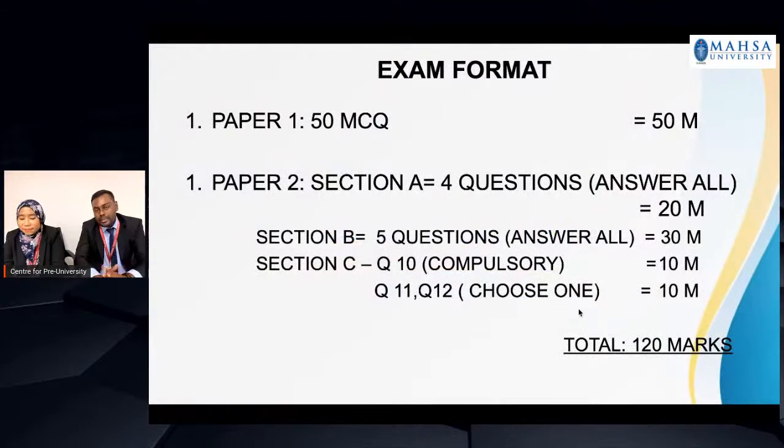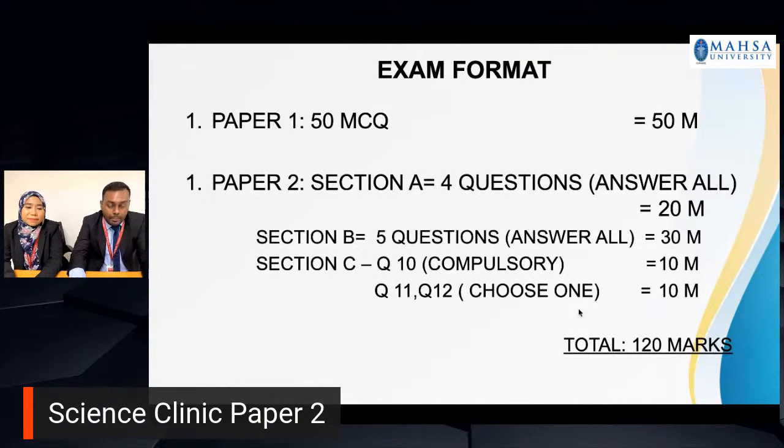Before we proceed with today's session, let me recap the exam format. It consists of paper 1 and paper 2. Paper 1 is 50 multiple choice questions where you have to answer all, so the marks allocated are 50 marks.